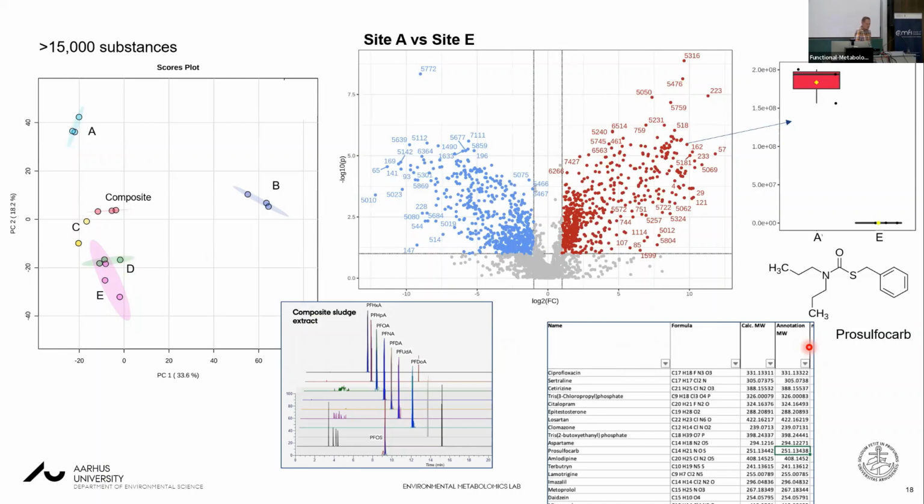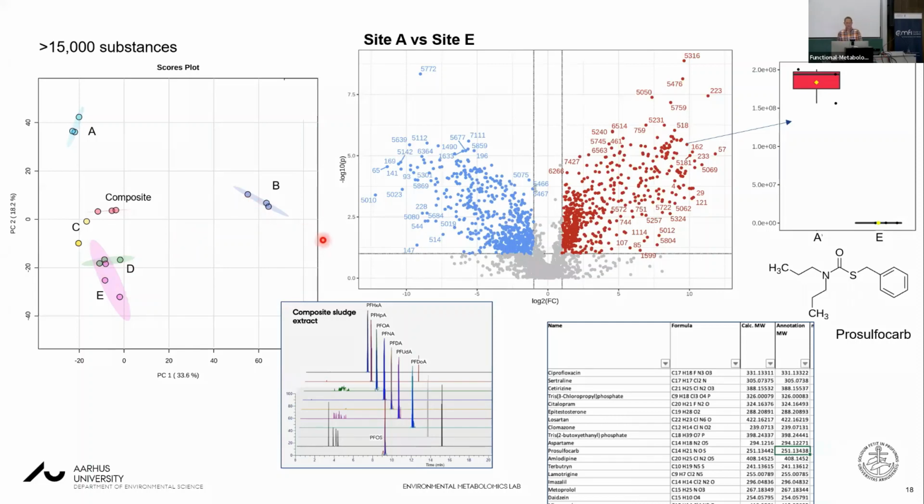And when we did that, we found, I don't know, thousands of substances. We could only identify a few percent of them. And we could see some clearly distinguished profiles between the different sludge sites, the different wastewater facilities.